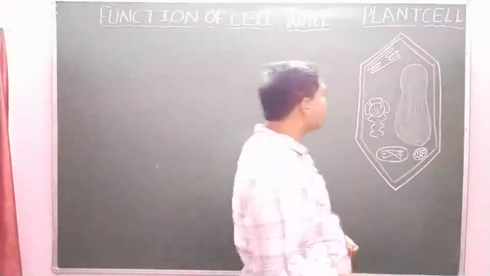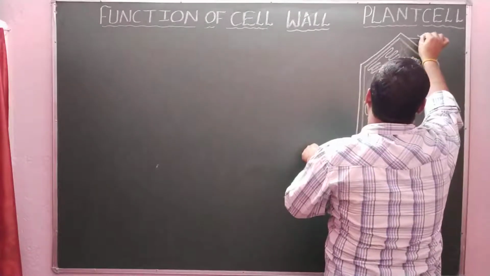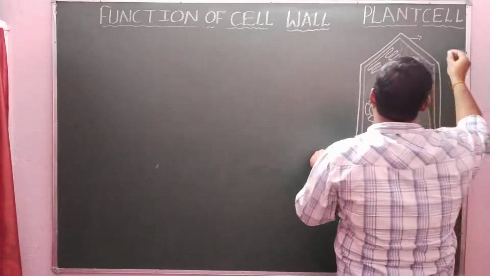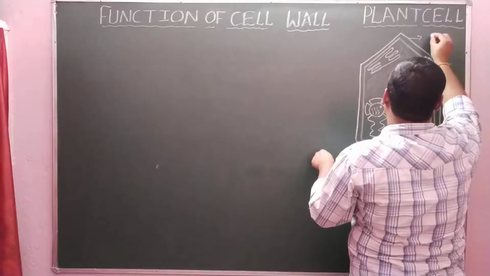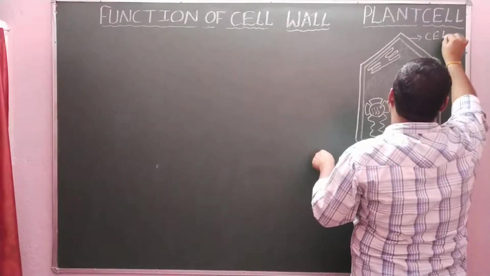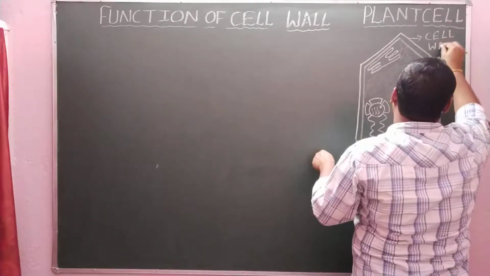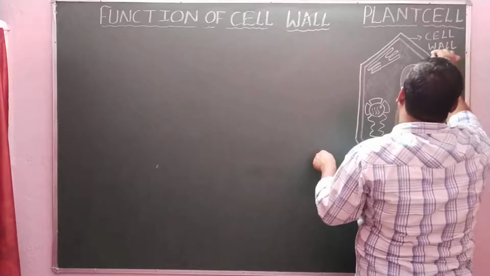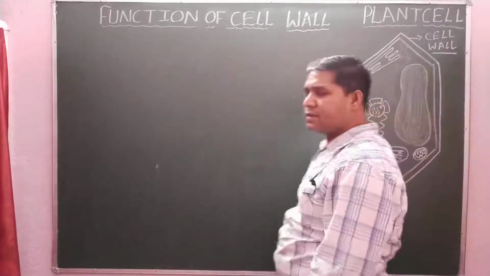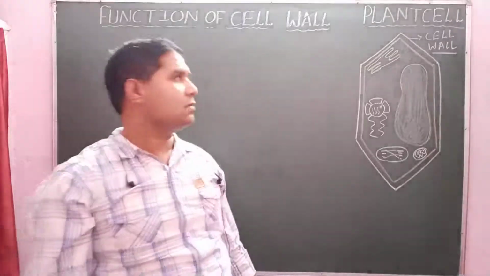So the outer covering of the plant cell is protected by the cell wall, and the composition of the cell wall is the complex carbohydrate cellulose.